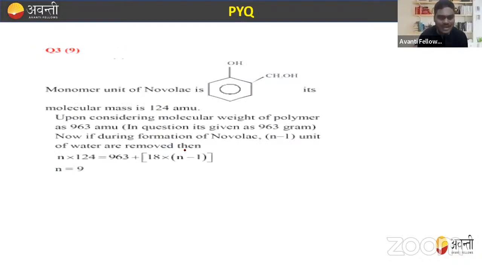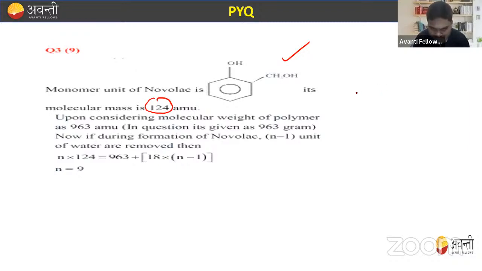So we know that the monomer unit of Novolac has this structure and a molecular mass of 124 AMU. Now, considering the molecular weight of the polymer as 963 AMU, which is already given, during the formation of Novolac, n minus 1 units of water are removed, right?